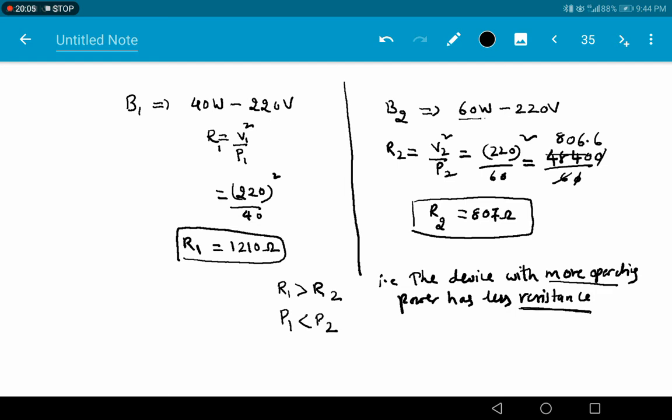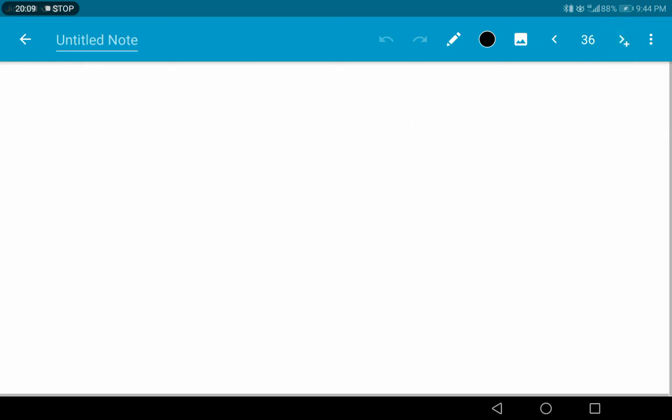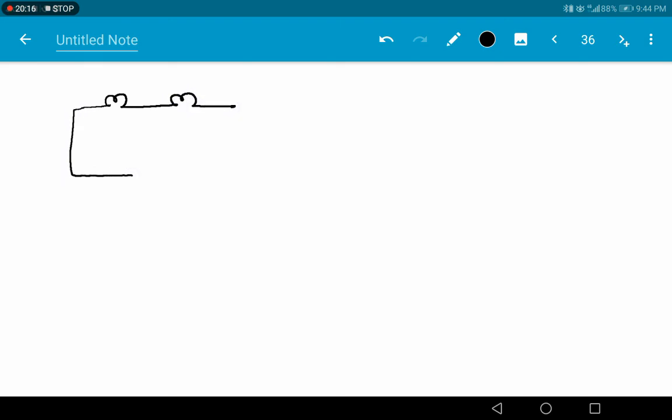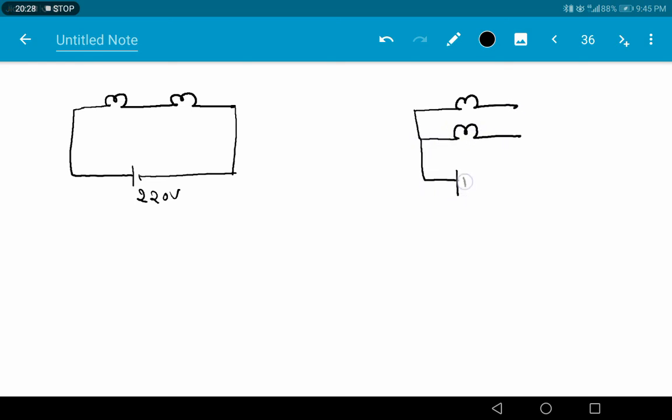Okay. Now these two are connected in different ways. So in case one, they are connected in series to a source of 220 volt, and in case 2 they are connected to the same source of power, 220 volt.